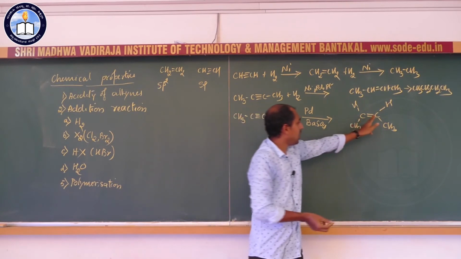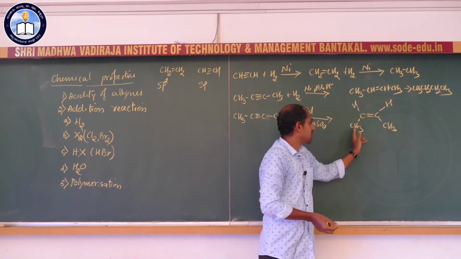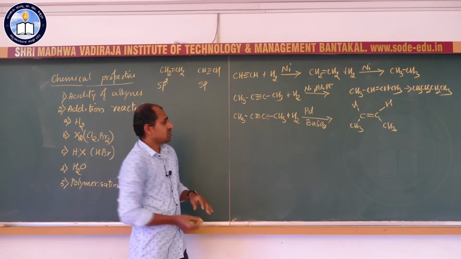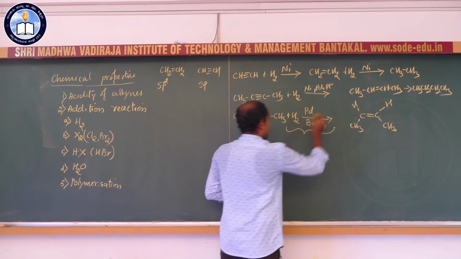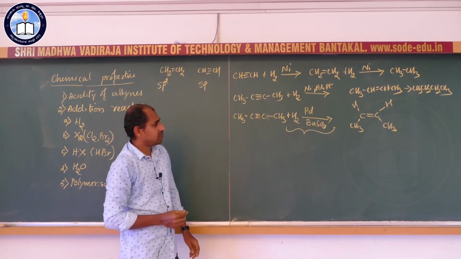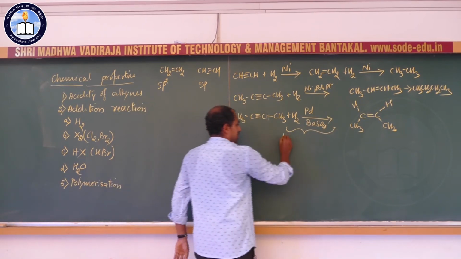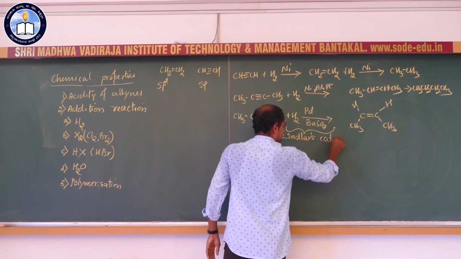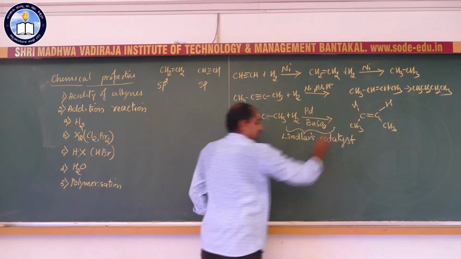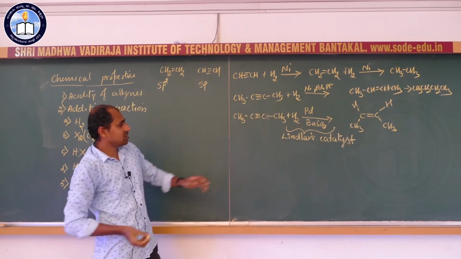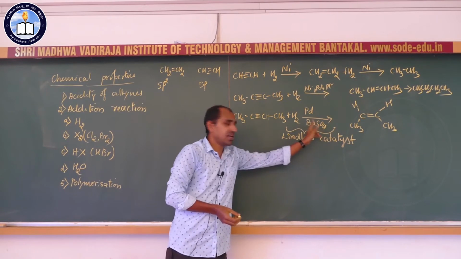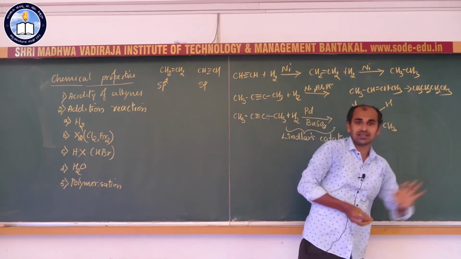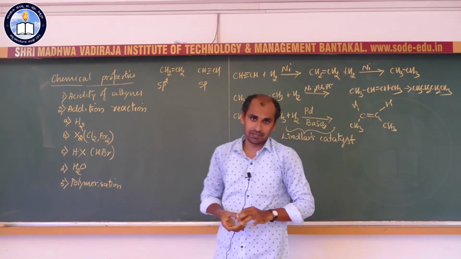So, here alkene has two similar groups on the same side, hence it is called cis alkene. So, this reaction condition, hydrogen in the presence of palladium and barium sulfate, is called Lindlar's catalyst. So, when alkyne is treated with hydrogen in the presence of palladium and barium sulfate, we get cis alkene. It will not undergo further reduction to alkane.